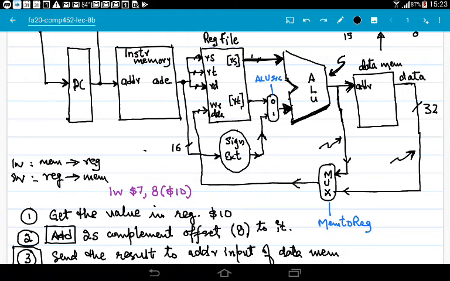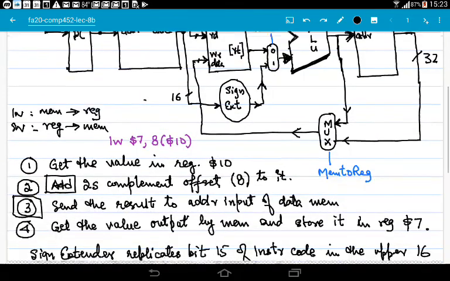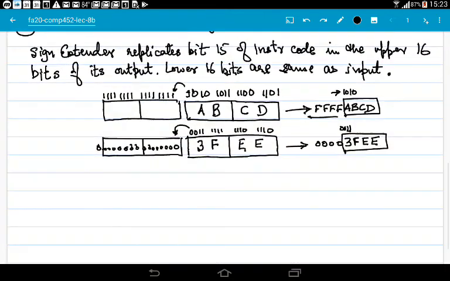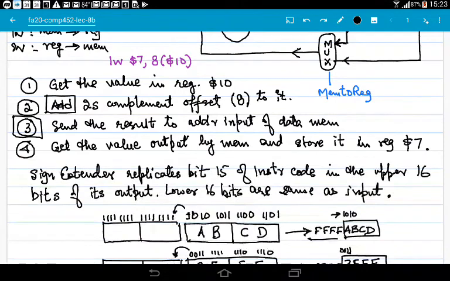Okay, so now I'm going to erase these arrows, and now we want to talk about the store word instruction. So what does the store word instruction do? The first two steps are exactly the same.